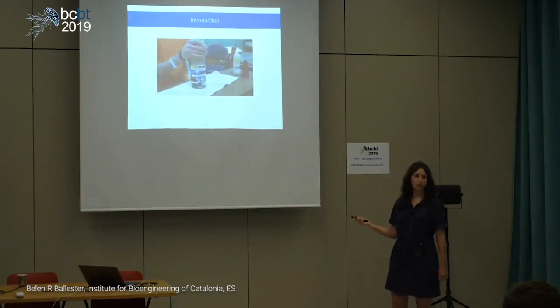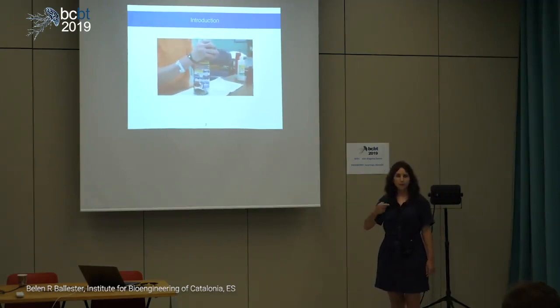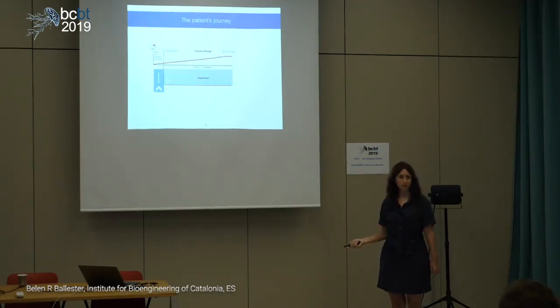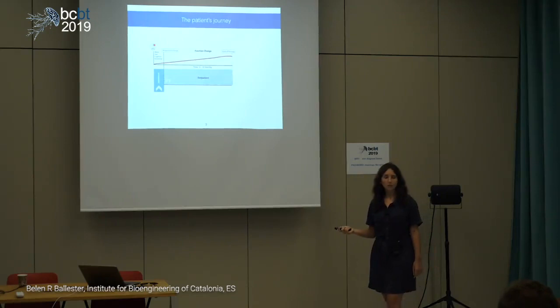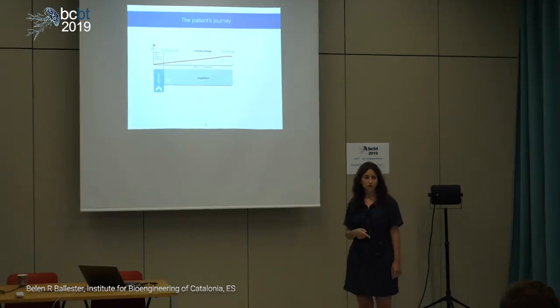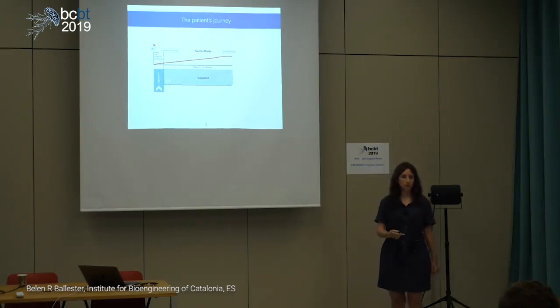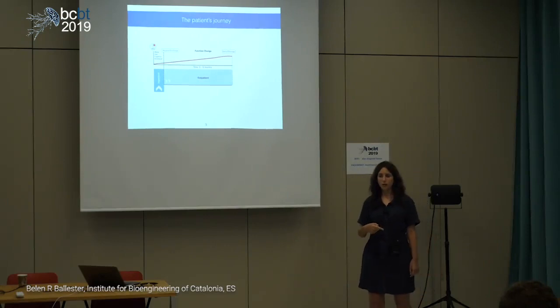So what happens with these patients? Well, as we were saying on Wednesday, just after the lesion, the patient is hospitalized, and very soon there's structural damage, which links to functional loss. So these patients start showing a loss in motor function, but also they may show emotional or communication problems.